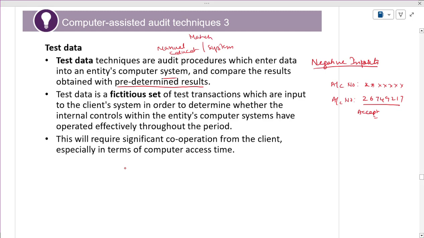As simple as that. Test data is a fictitious set of transactions which are input into the client system to determine whether the internal controls in the system operate effectively.